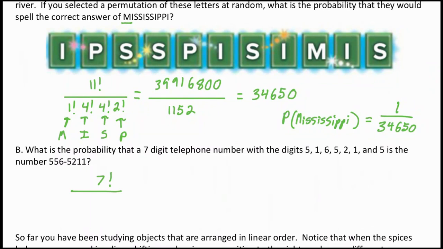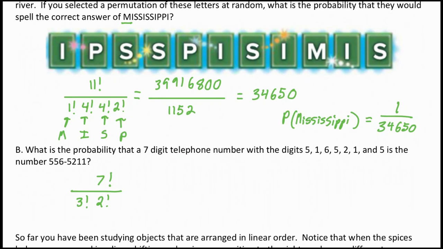So what digits repeat here? 5. And how many times does it repeat? 3. So we'll put a 3 factorial there. Do any other digits repeat? 1. And how many times? 2 factorial. So we don't need to include all those other 1 factorials. Does that make sense? Okay. So now we use our calculator.